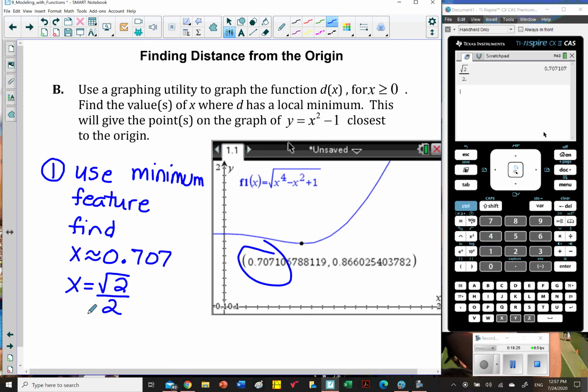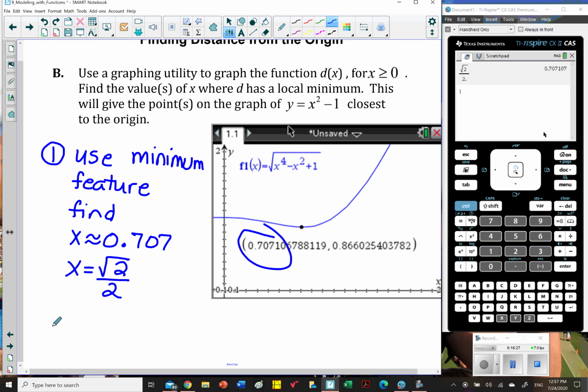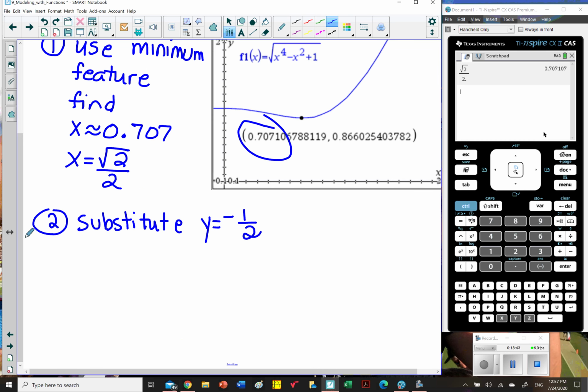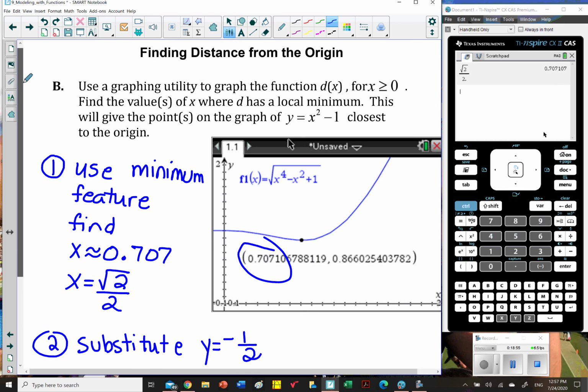Okay, and then I can substitute that value for y. So go back to here, substitute this.